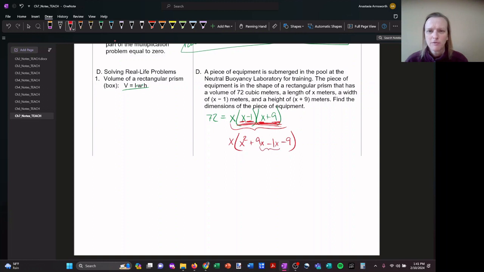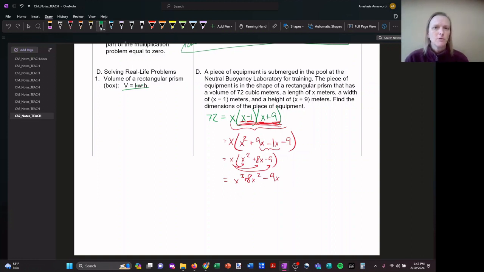This could be a little bit further simplified here. I can combine those like terms here. So I've got x times x squared plus 8x minus 9. And now I can distribute that x term by multiplying everything inside the parentheses. And I have x cubed plus 8x squared minus 9x.